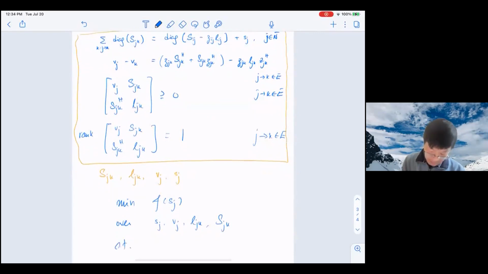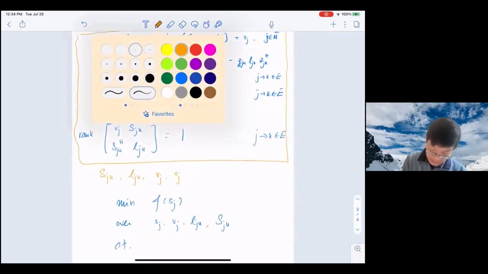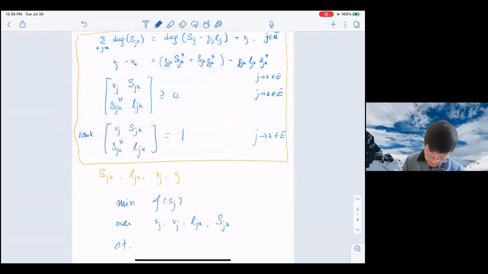Subject to constraints, which are some operational constraints, such as the voltage magnitude square lies within a certain bound, 5% or 10% of the nominal voltage, for example. So operational constraints may involve only constraints on the diagonal of the V_j matrix.